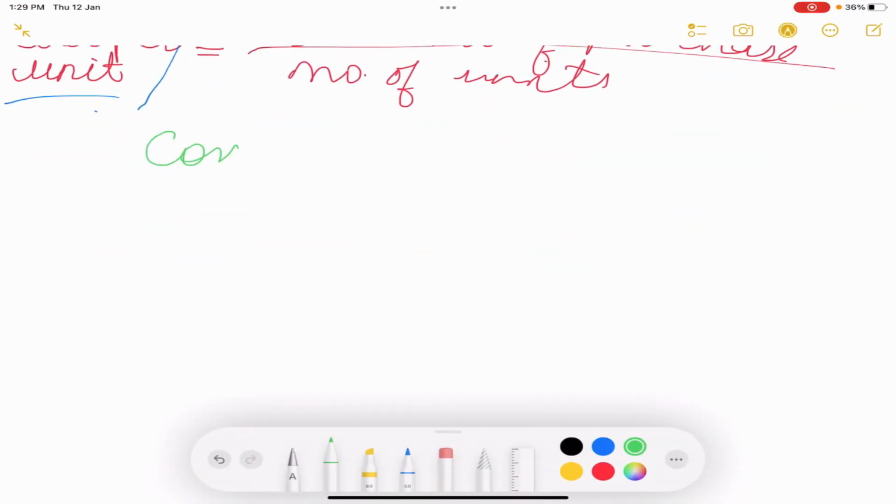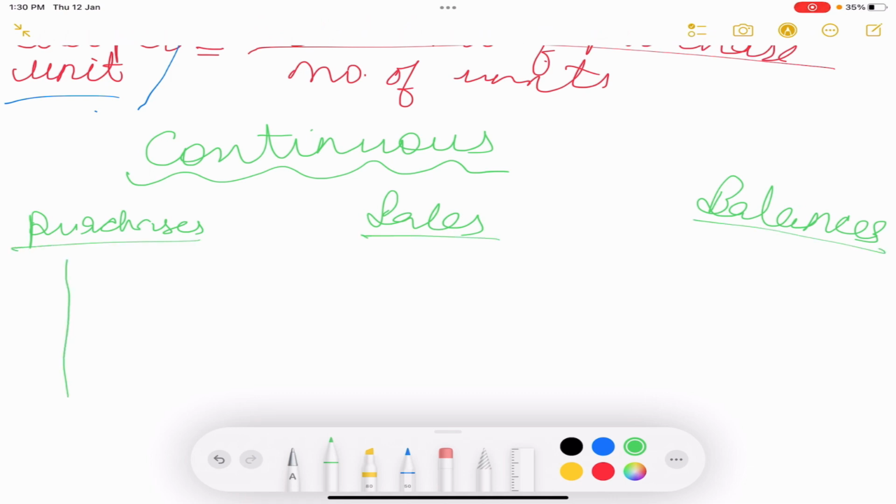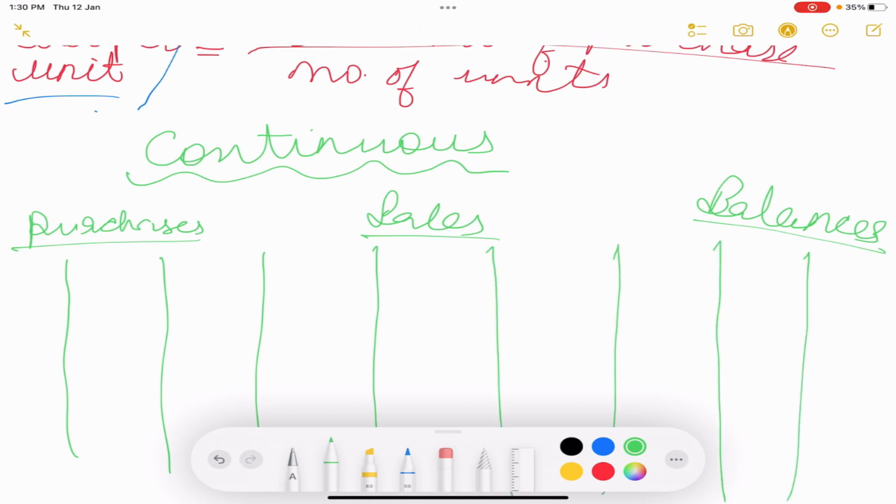And now let's come to the continuous method. If you remember, what did we do in the continuous method? We used to basically make a table, right? With 3 headings. You remember that? This is how the table looked, right?